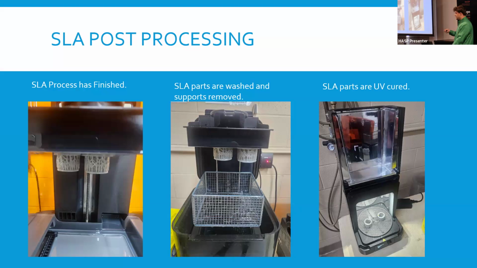The parts are then washed to get any extra resin off of them, because that's gross. You don't want that cured on your part. And then the SLA parts are UV cured. That's what gives it that extra mechanical property. You're hitting it with that light, allowing it to actually cure the rest of the way.